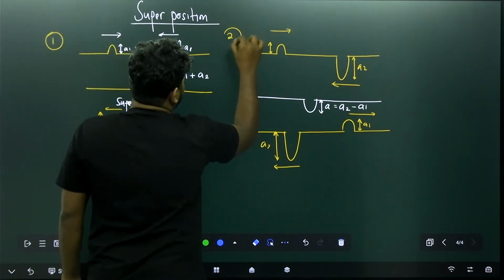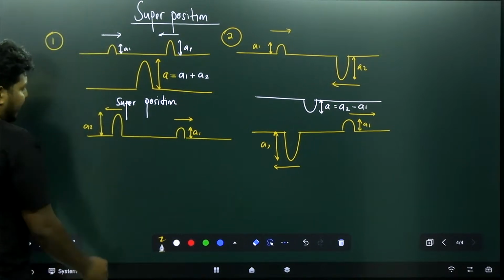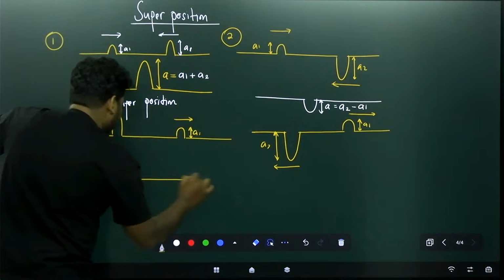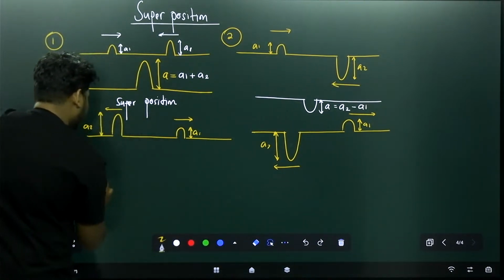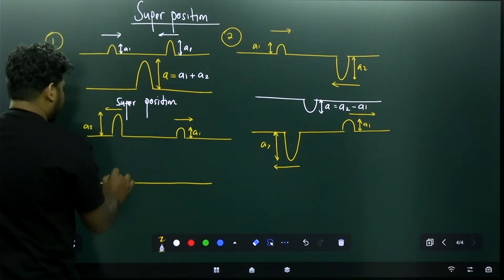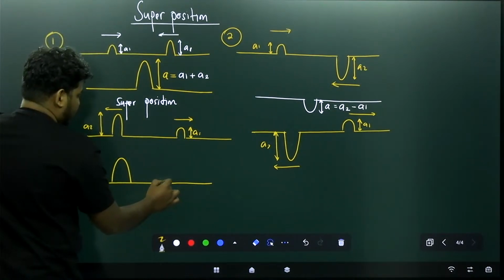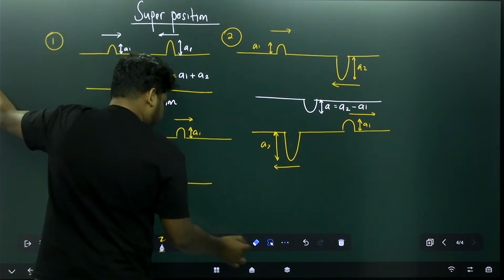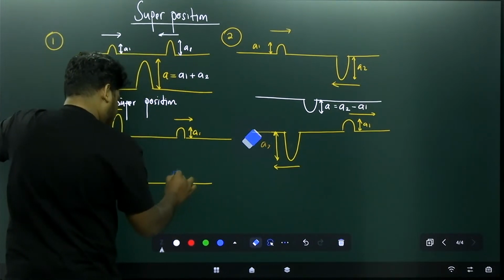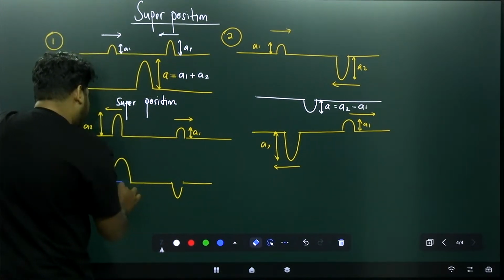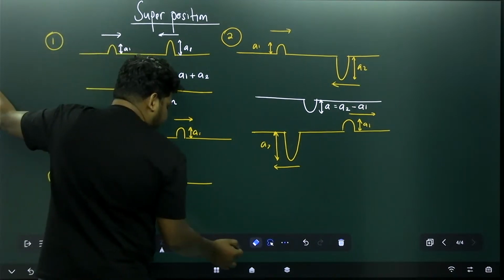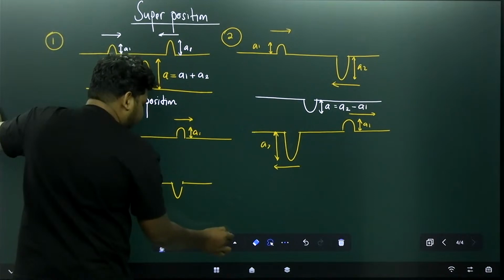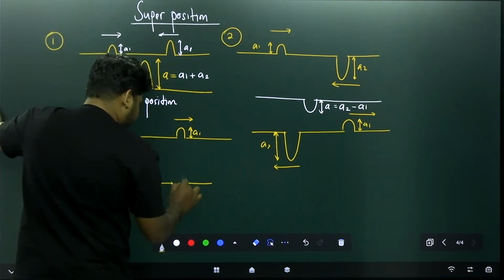This is example number 2. I'm giving you another example here. Can you do this question? The third one, I'm giving like this. So these are the algebraic sum of these two, so you want to follow the plus and the minus here, guys.